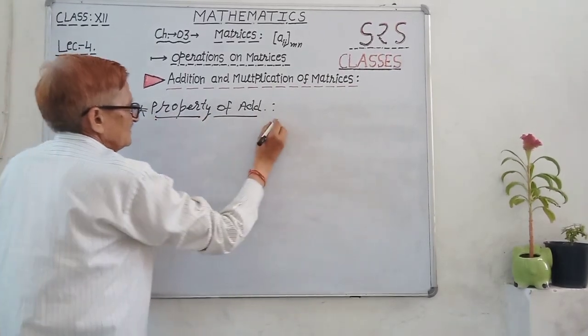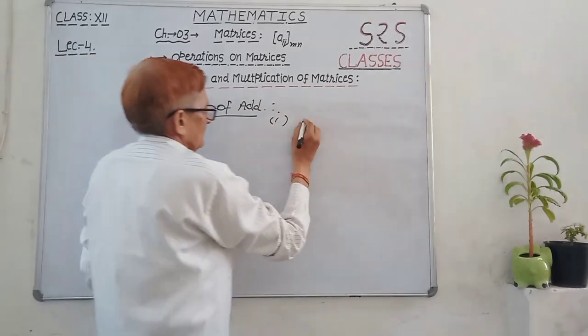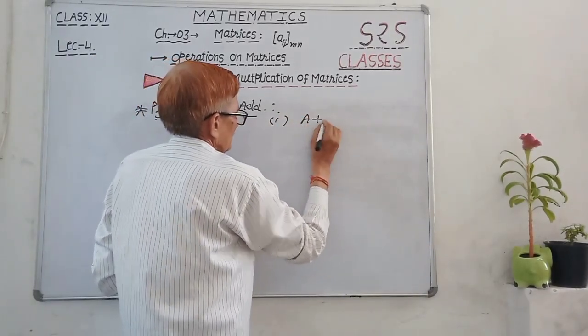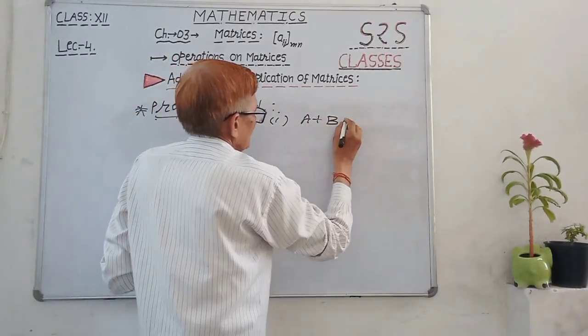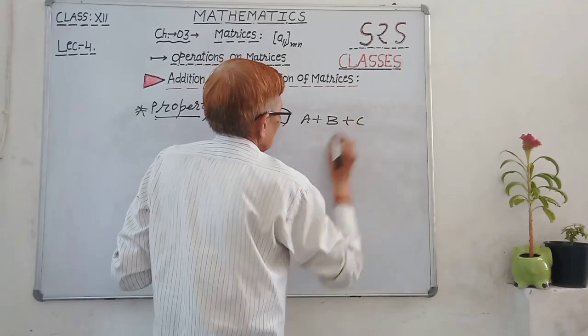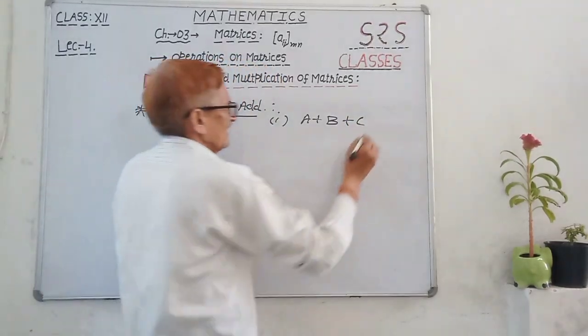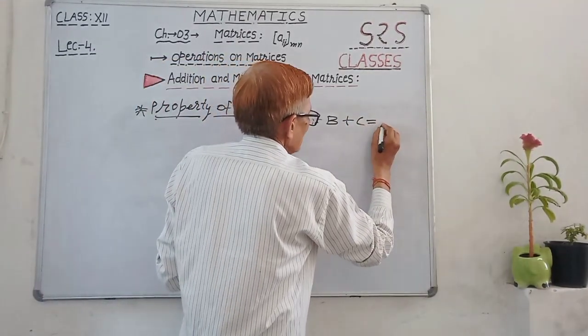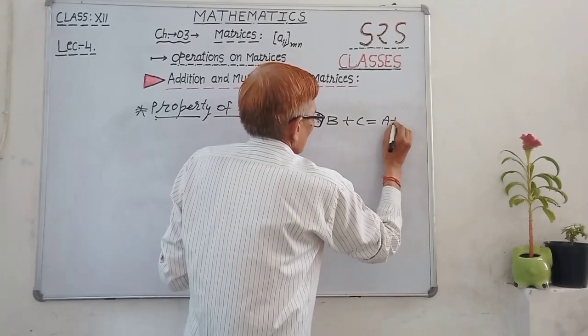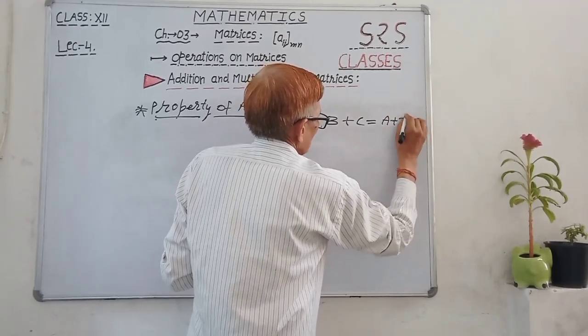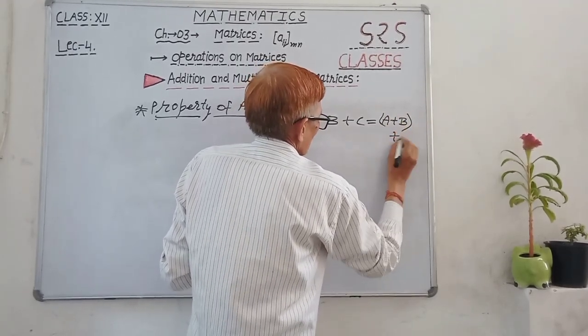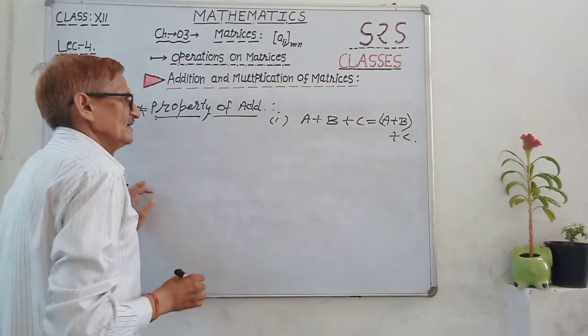Number 1, if A plus B plus C, then this is equal to, you can take A plus B first and then plus C. Okay?